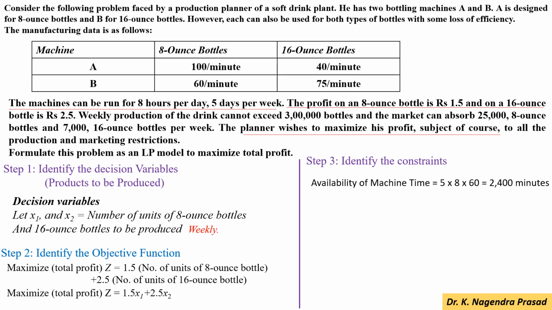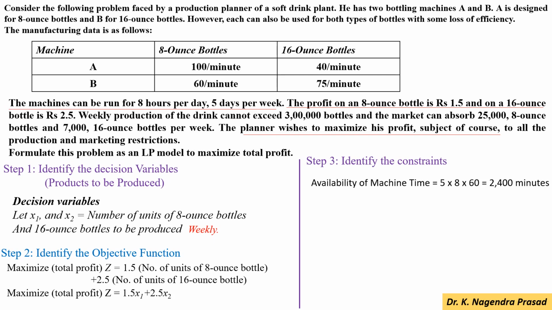So, availability of machine time is 5 days, each day having 8 hours. So, 5 into 8, that is total 40 hours. These 40 hours I have to convert into minutes. Then the availability of machine time is 2400 minutes.